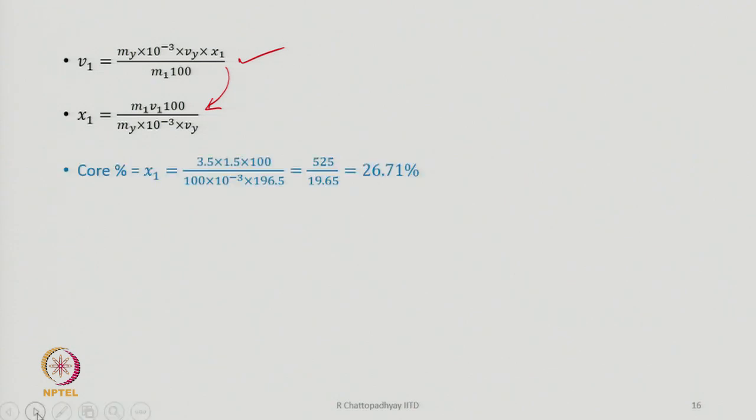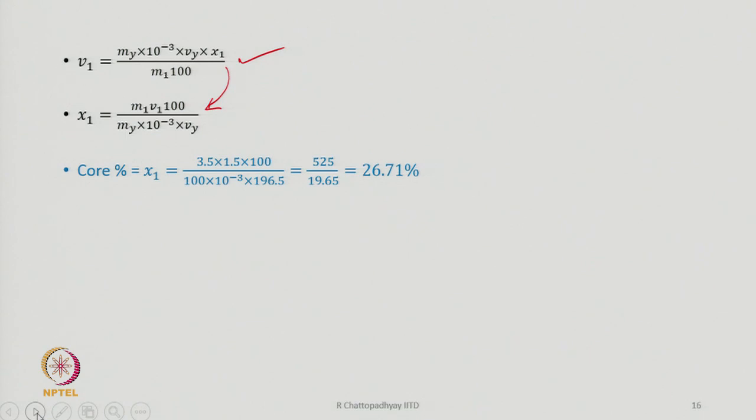So, if we know this equation, V1 is this, and therefore, from here we can write x1 will be m1 v1 into 100 divided by 10 to the power minus 3 into Vy. So, now it is a question of substitution again, because the values of the different parameters are already stated.